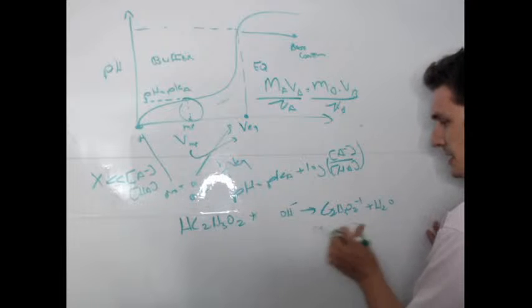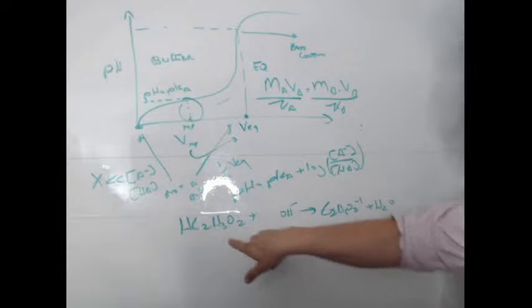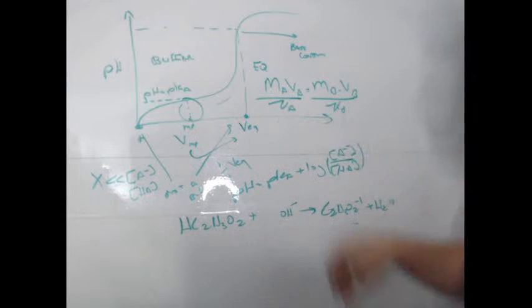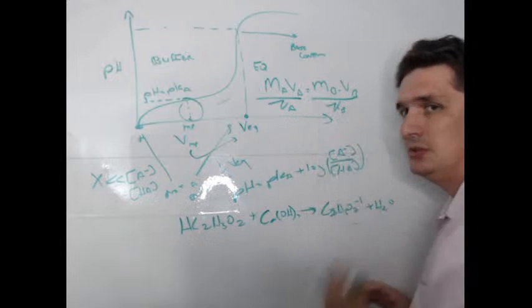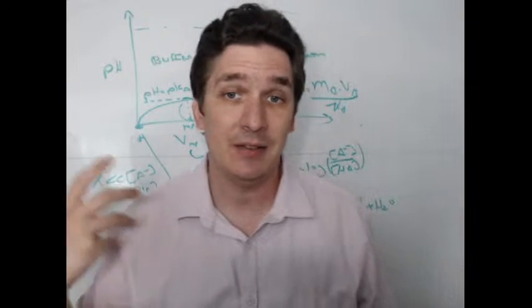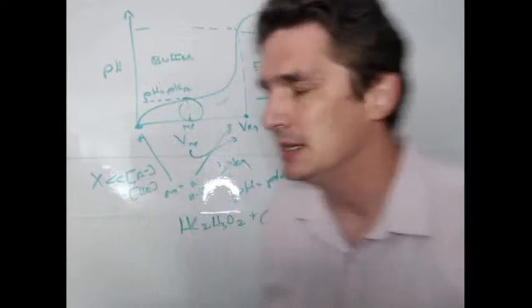Let's do that, just adding the hydroxide. In this case, both coefficients are 1. But let's say you're working with something like calcium hydroxide. You need to put a 2 down here. So this is kind of a very special case that we're working with here. Just don't get into that bad habit of assuming it's always this.